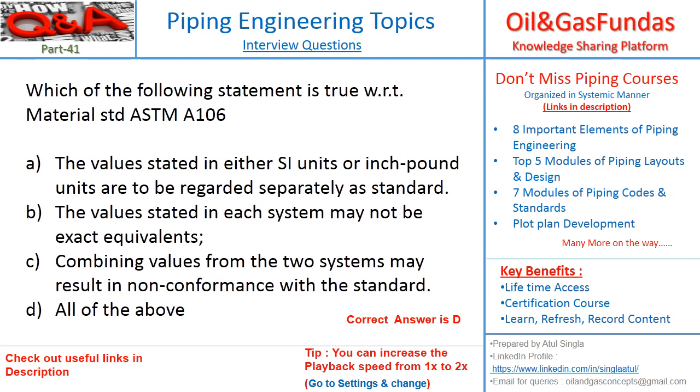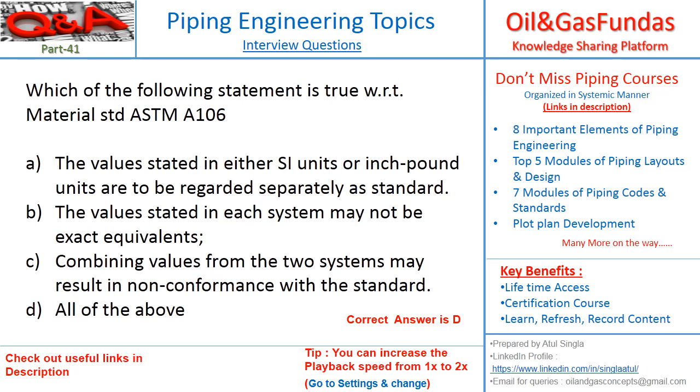Both are given in every standard. Both unit systems are used in all the standards, but we have to check which standard we are following, SI units or inch pound. Both are given and both are separately mentioned in each standard.